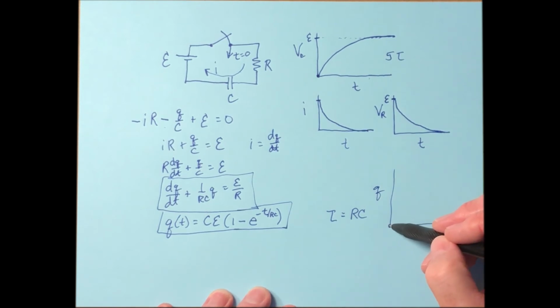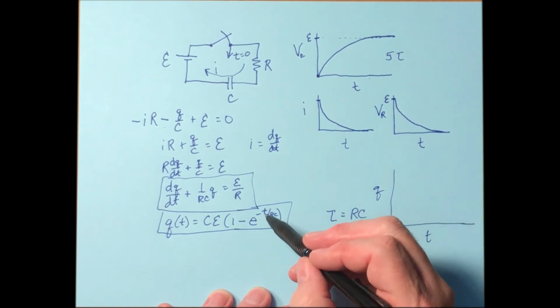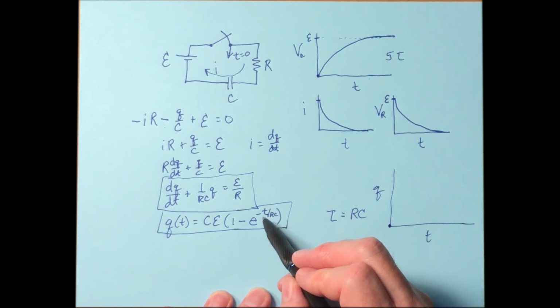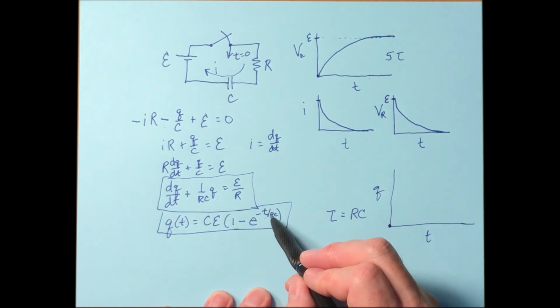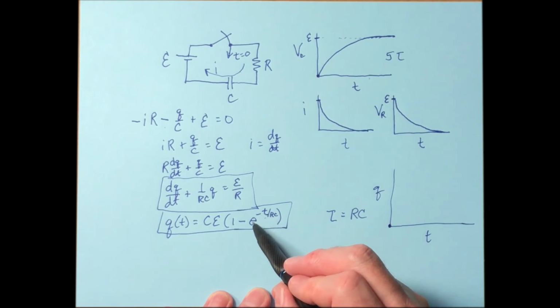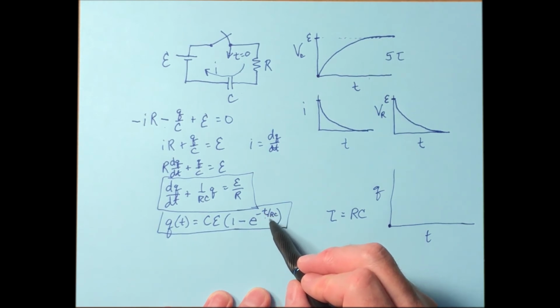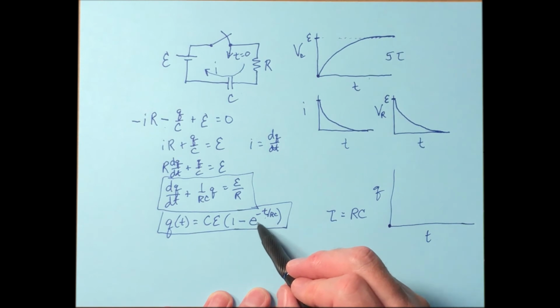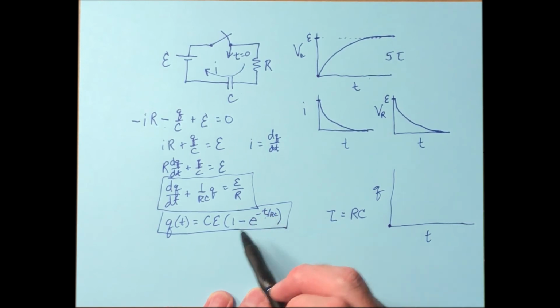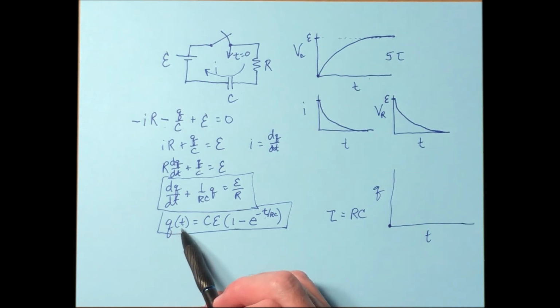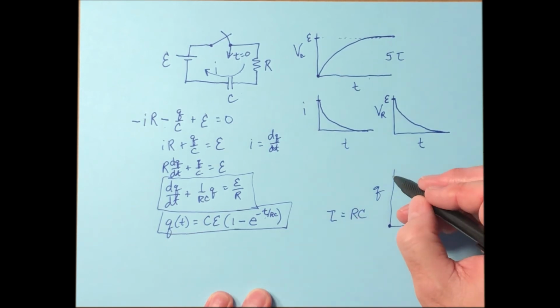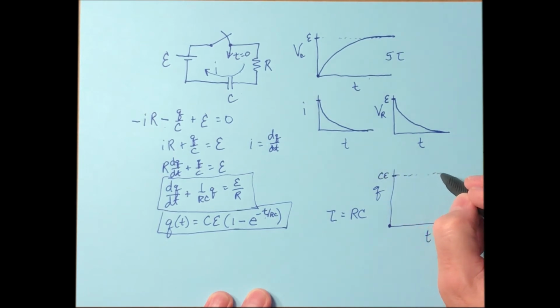It's going to start down here, and then after a long period of time, let's say as t goes to infinity, well, what happens to this? The exponential, as t gets very, very large, this is e to the negative t over tau, so this becomes very small, and in the limit, it goes to 0. So in the limit then, q of t is just C times E, so the max value is going to be C times E. So that's the max at which it levels off, and it approaches and levels off like that.